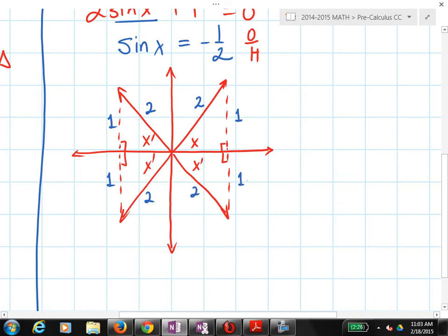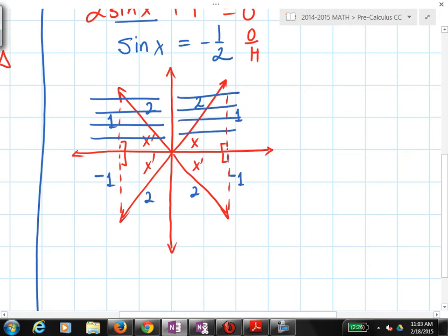Now, one of the things to recognize is that the opposite for these has to be negative because of their downward location. And which ones do I eliminate? Which quadrants? Yes, so 1 and 2 get eliminated.